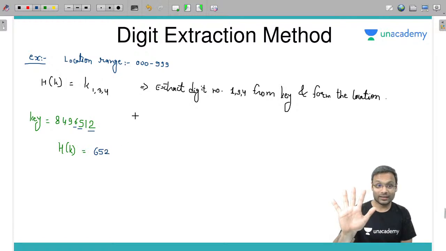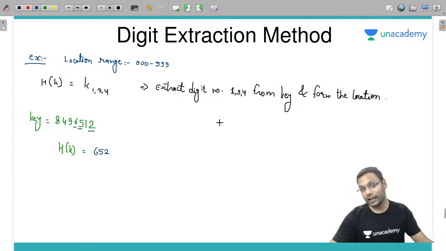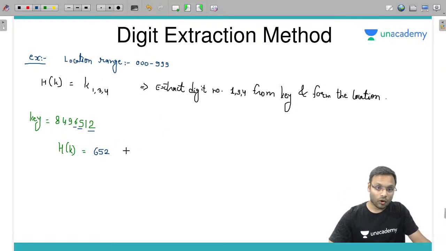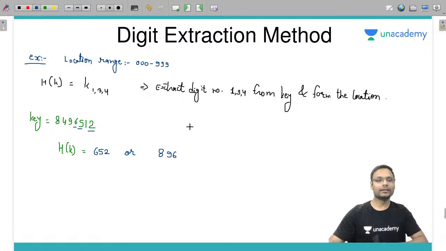Now again, wait, there is no standard. You can take from the right side, or in fact you can get from the left side also. First one, then third one and fourth one. Both are possible.